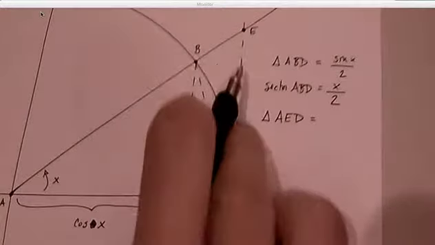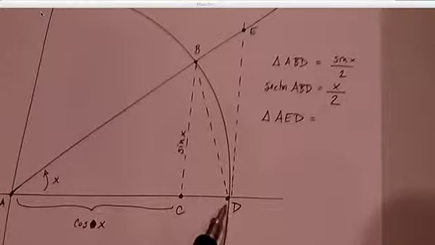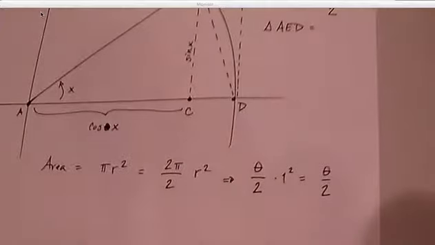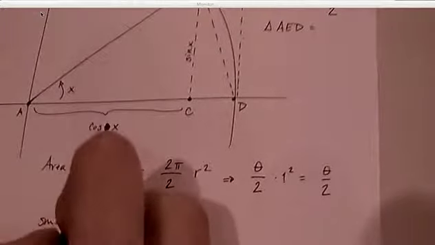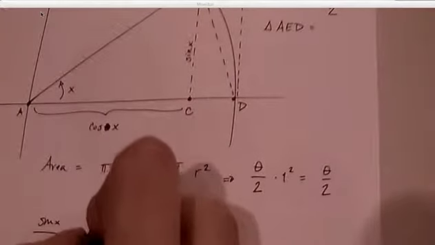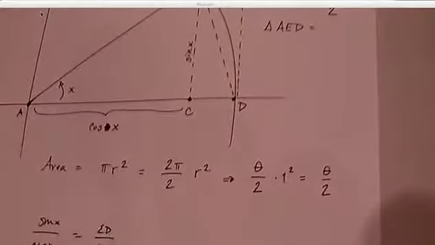Sine x is to cosine x as ED is to AD, right? So sine x is to cosine x as ED is to AD.